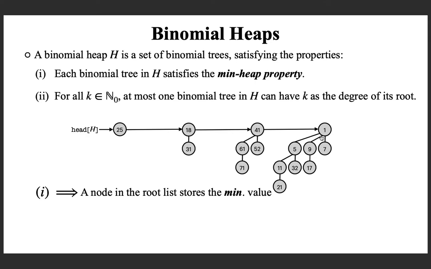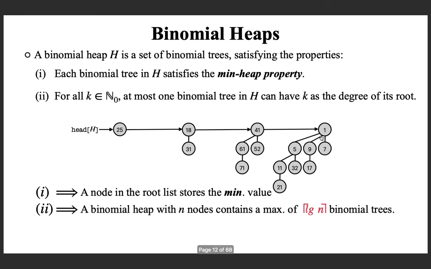Using this observation, you can in fact prove that a binomial heap with a total of n nodes in all the trees contains a maximum of log n binomial trees. For example, here it is 15 and log 15 is 3 point something, and you are taking the ceiling of 3 point something, which will give you 4.